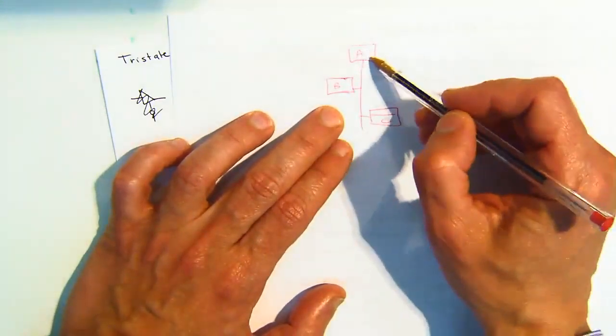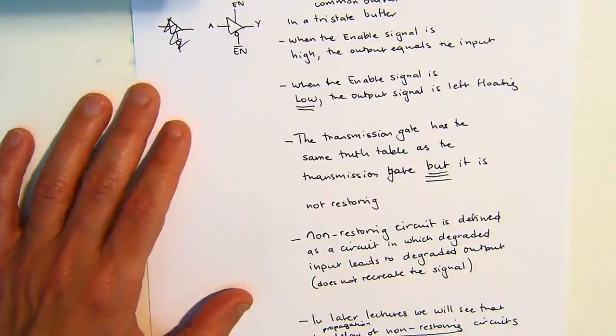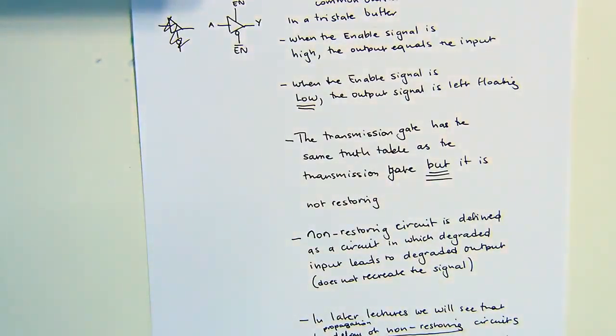A might be driving and B is driving. What's the voltage? If two components are trying to push at the same time, what's happening? So essentially, tri-state buffers allow us to develop a transmission gate type of device, but with a couple of major differences. The most important difference is that it also has a high impedance state.